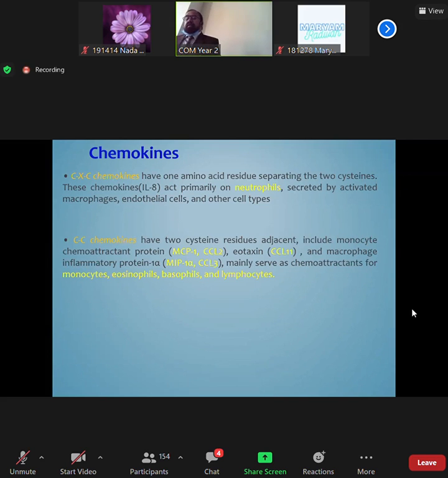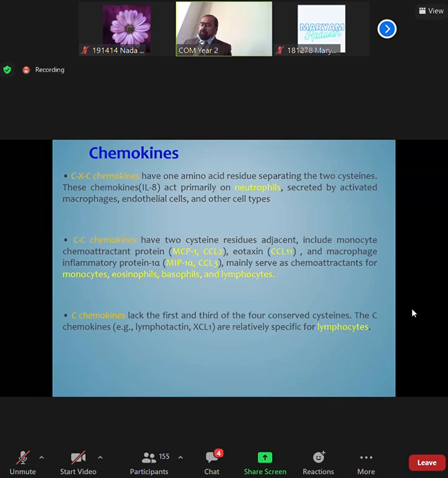So CC chemokines can attract almost all the cells. But in this one, the important one is eotaxin. So eotaxin only attracts eosinophils. Suppose I ask which chemokine attracts eosinophils, you should know that it is the CC chemokine.